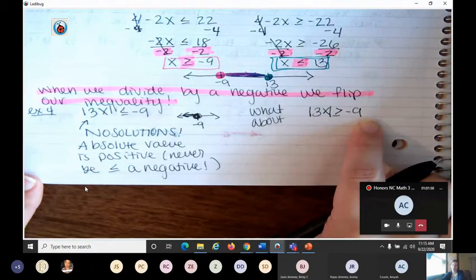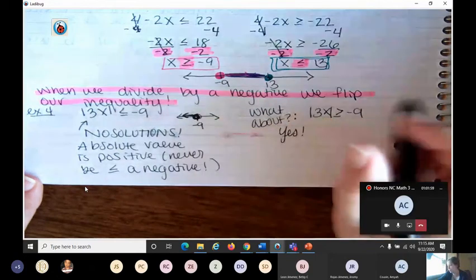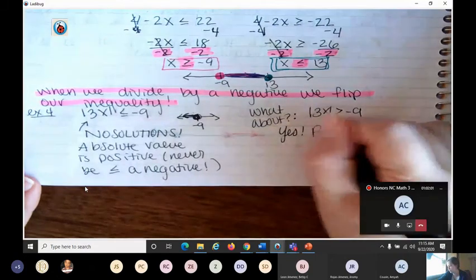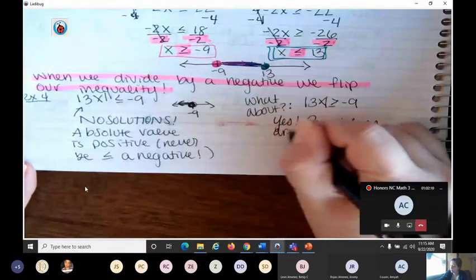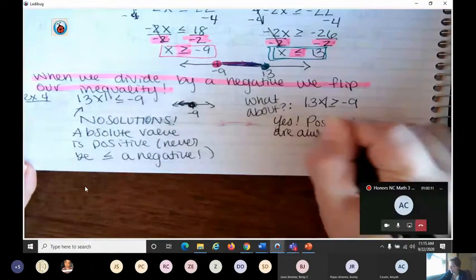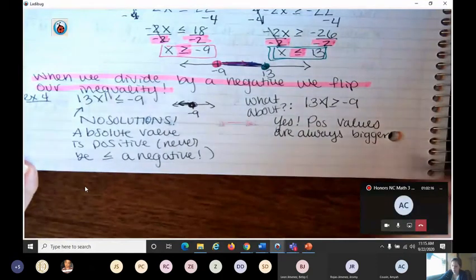Okay, so the answer is yes. This does work. Positive values are always going to be bigger than negative values.